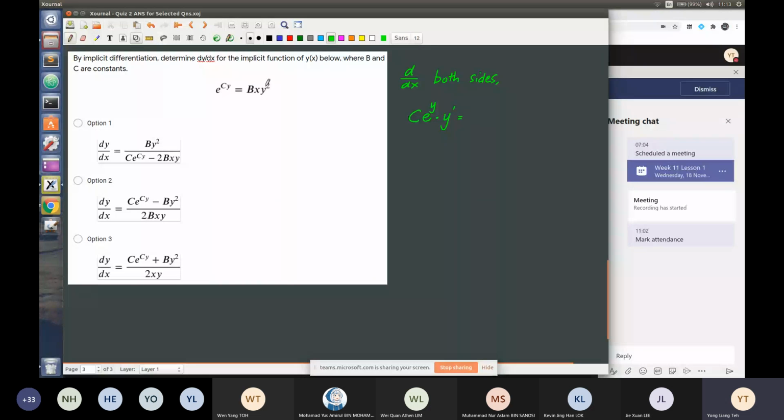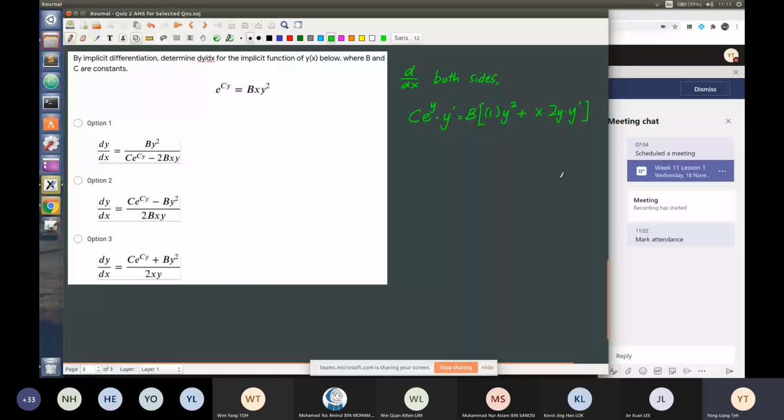So you're going to use your product rule. Of course you can factorize out the b first, it's a constant. Then multiply by differentiate x, so you get 1, then hold your y squared, plus your product rule kicks in. Differentiate y squared, so you get 2y times y prime.